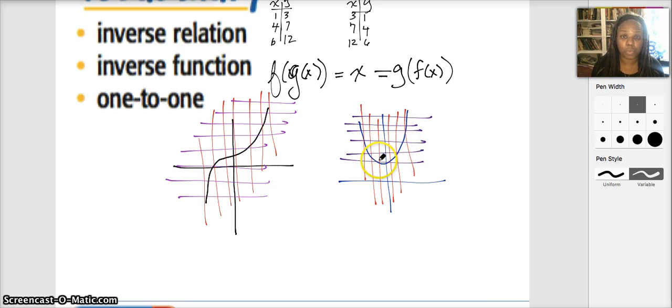This is not a one-to-one function, though it's a function. One-to-one functions will have an inverse function. Functions that are not one-to-one will not have an inverse function. Without modifying it a little bit, we'll have to say we're only going to take the inverse of this function from here to here, such that we're dealing with a part of the function that is one-to-one. We'll talk about that soon too.